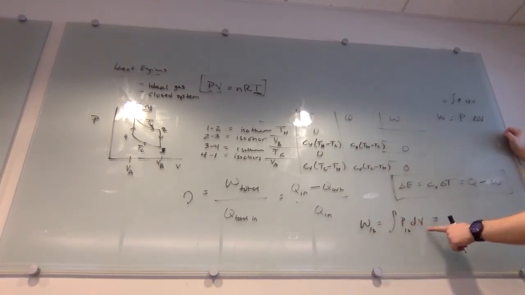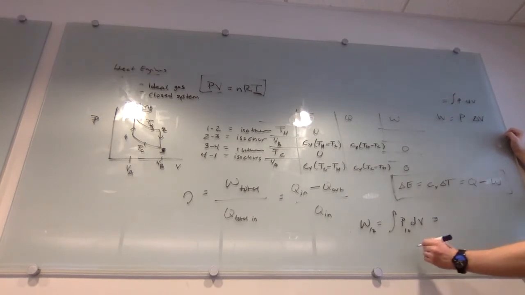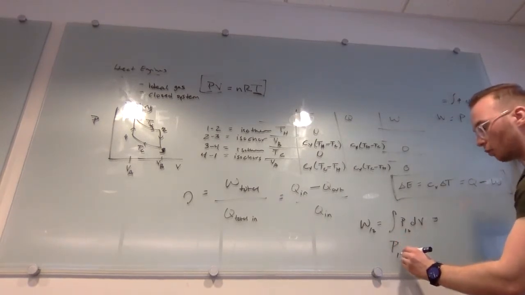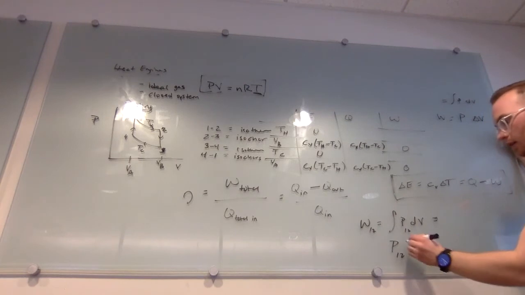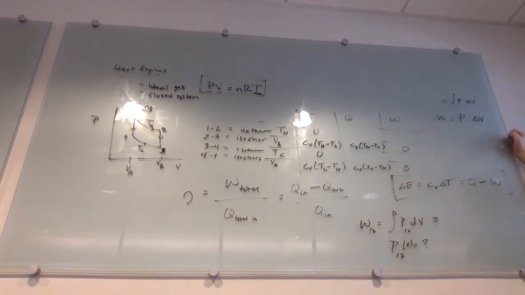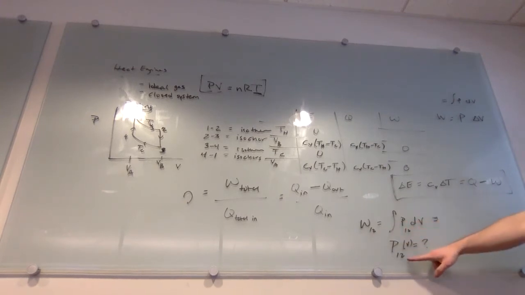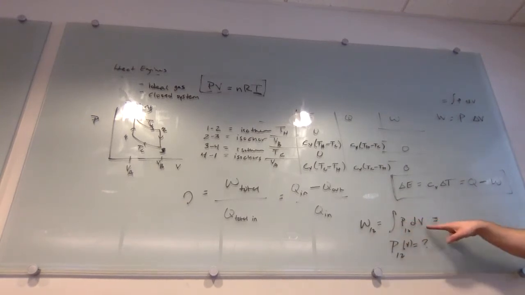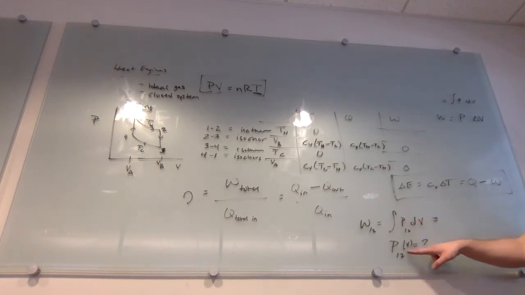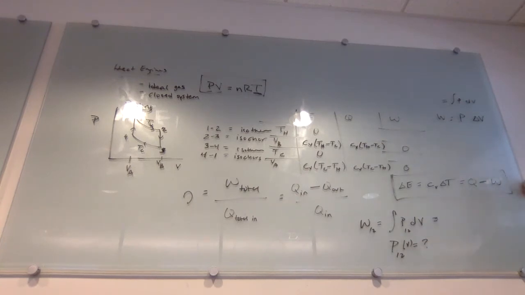So we're computing the pressure change from 1 to 2 as a function of volume, right? Work done from 1 to 2 is the integral of P 1 to 2 dV. P 1 to 2 now needs to be a function of V. That's how we do integrals, right? We need to write it as like a polynomial function or something of V. How would we do that?